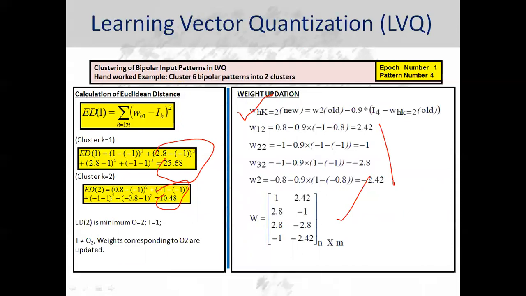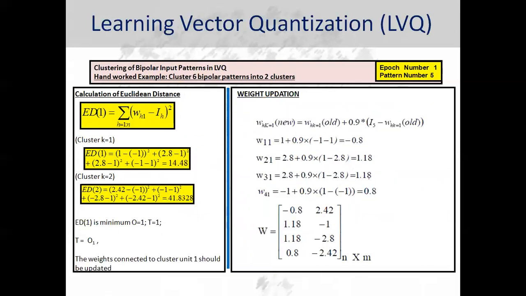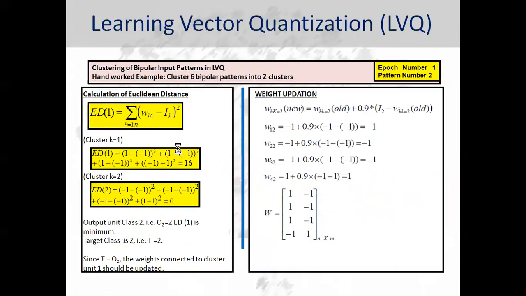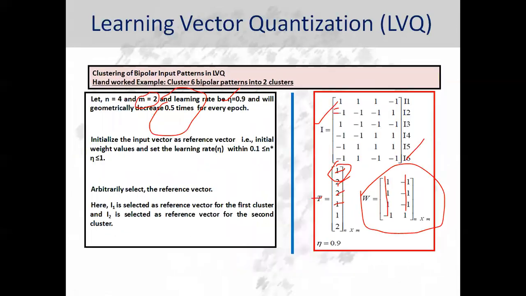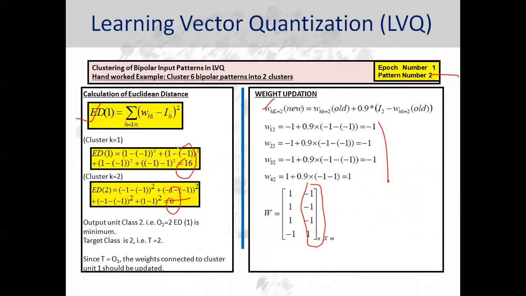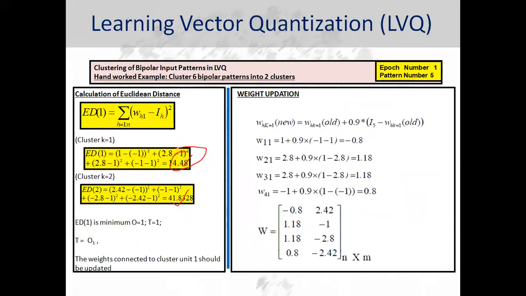So we weaken the weight vector and a new vector comes out to be this one. Now go to the fifth pattern, apply the fifth pattern using the changed weights. Again find the Euclidean distance: 14.48 and 41.83. This one is the winner, being the minimum one, so we need to update its weight. Now look at the actual class of pattern number 5. It is equal to 1 and the one produced by the LVQ is also 1. So we have to strengthen its weight.